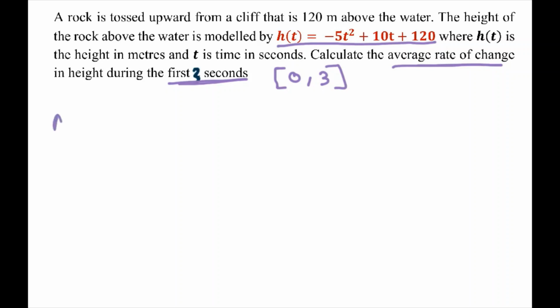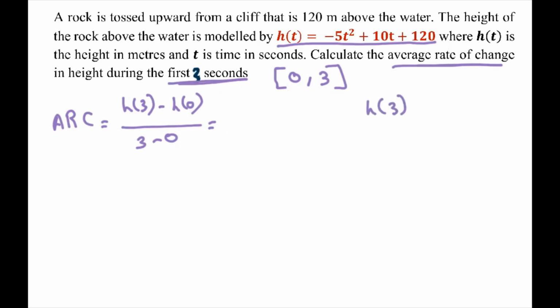First of all, the average rate of change will be equal to h(3) minus h(0) over 3 minus 0. Now, h(3) equals negative 5 times 3 squared plus 10 times 3 plus 120. And that's basically equal to 105.